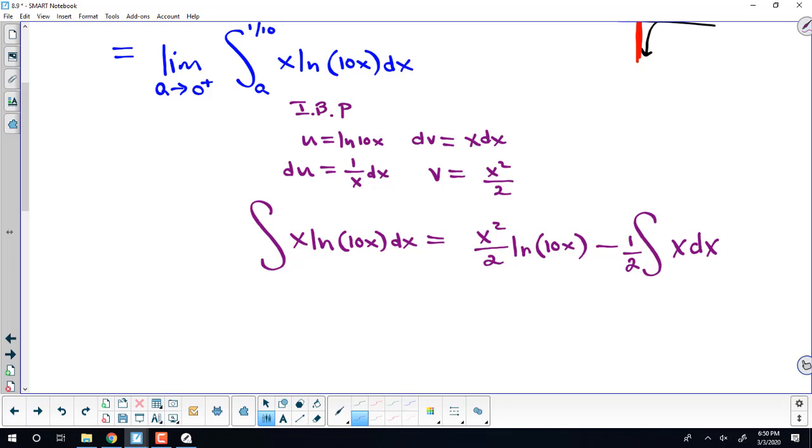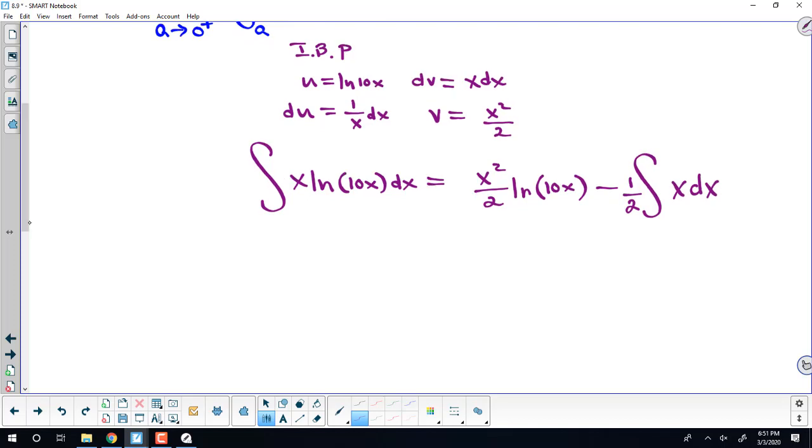One round of integration by parts gets the job done, more or less. We have this minus the antiderivative of x, again x squared over 2, or 1/4 x squared.